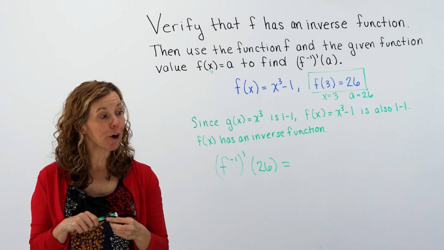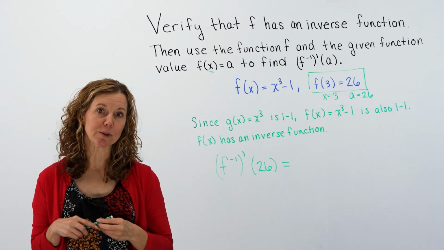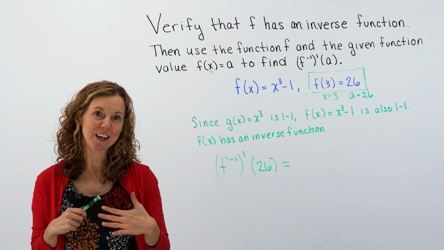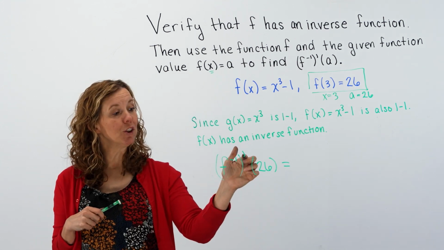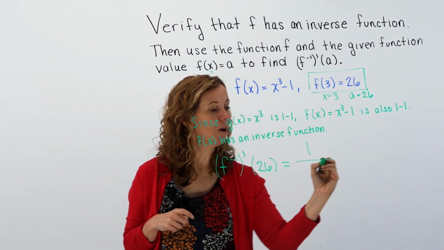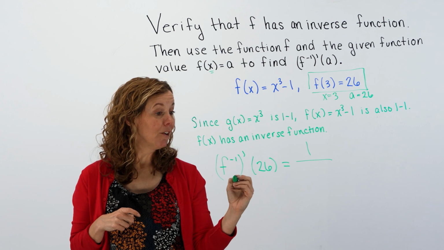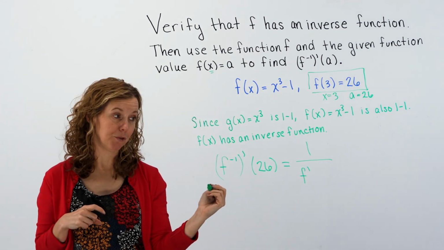In particular, we know that inverse functions have reciprocal slopes, and the derivative is just telling us the slope of the function. So the derivative of the inverse function will be the reciprocal of the slope of the original function.